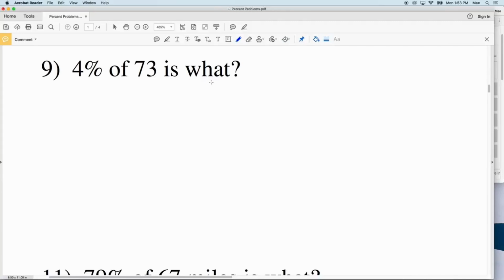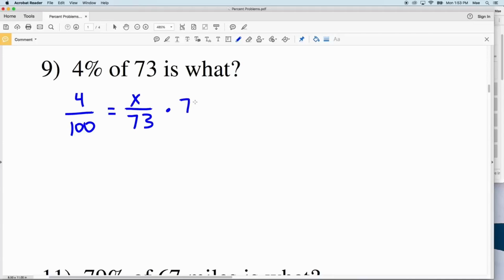4% of 73 is what? So we're looking at 4 out of 100, because that's the percent. 4 out of 100 is equivalent to what of 73? So that's going to be x over 73.